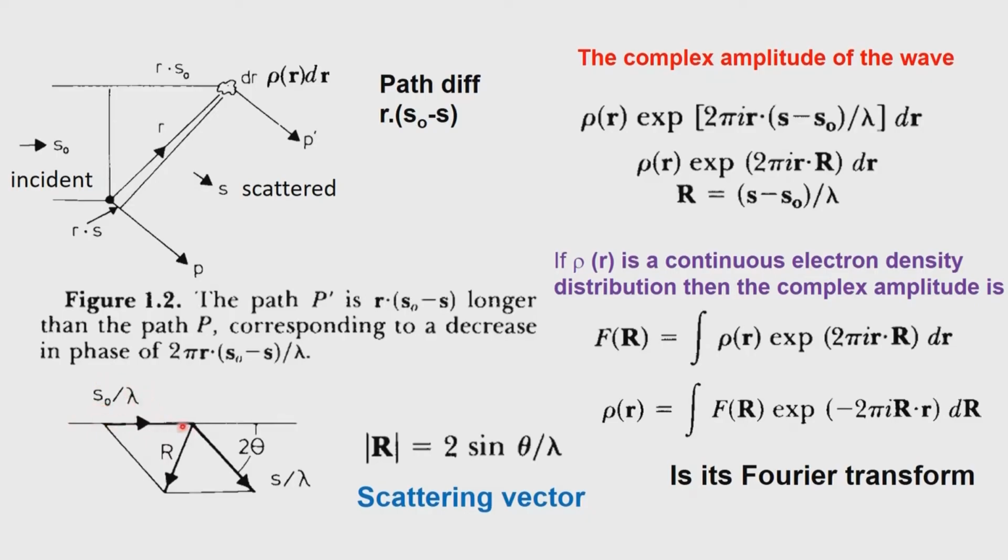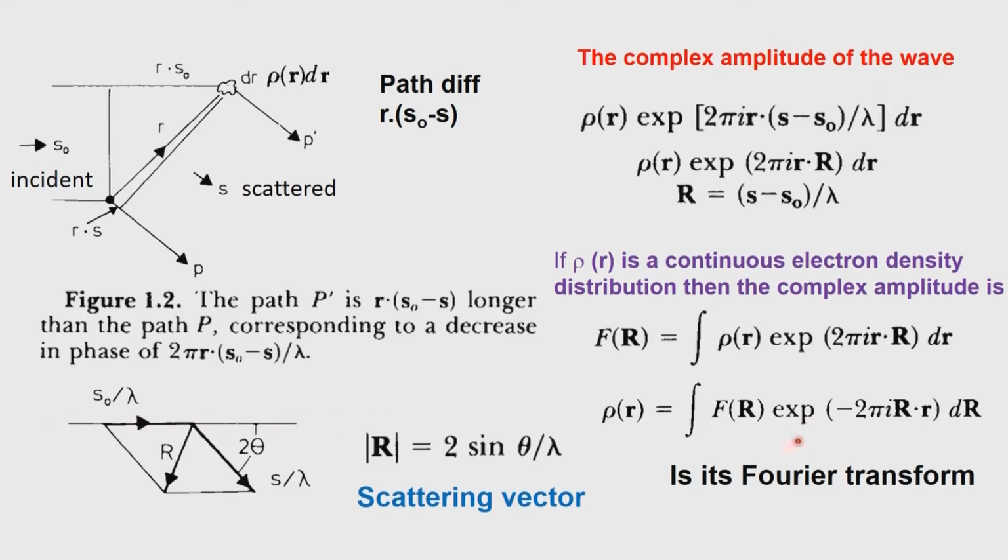This is the way in which it comes and falls on this electron density rho of r, let us say it is up here. If there was no electron density, the beam would pass through, and this is called the incident direction. S naught by lambda is the vector in this particular direction.